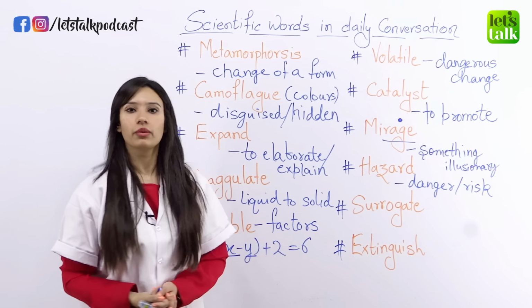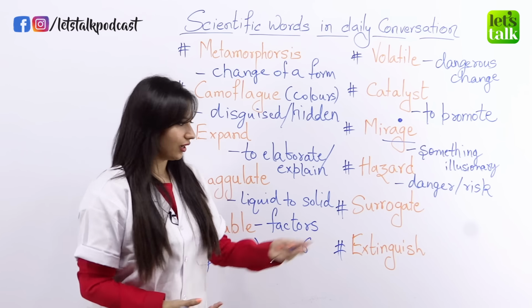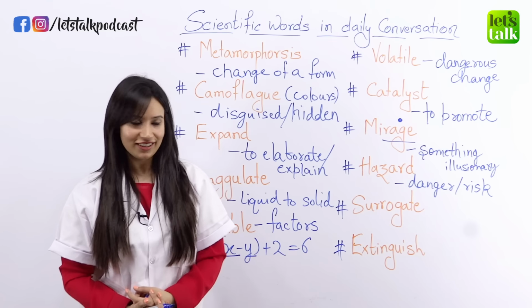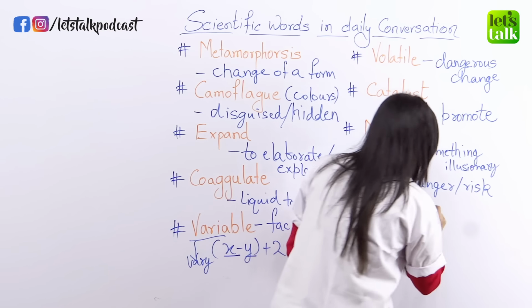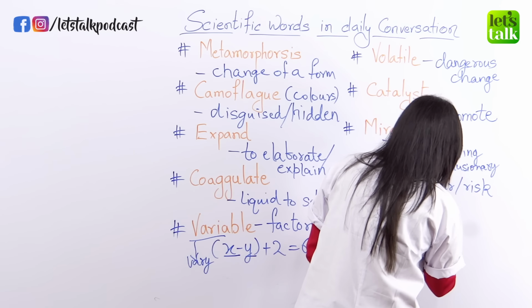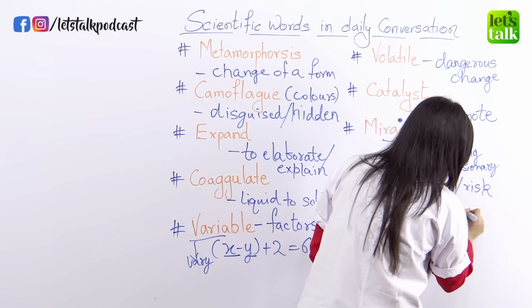The next word that we have with us is surrogate. You must have heard this word before. It's a word borrowed from medicine. Surrogate means something that is used as a replacement.